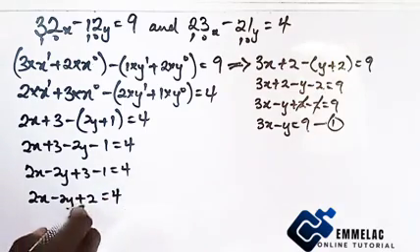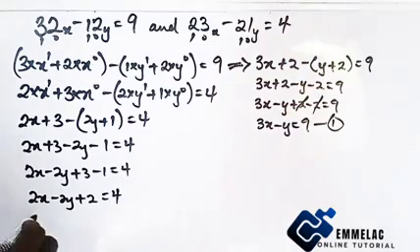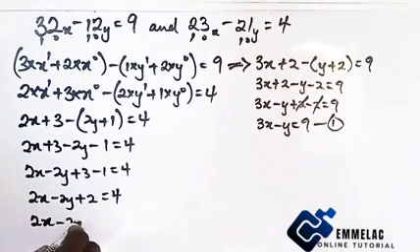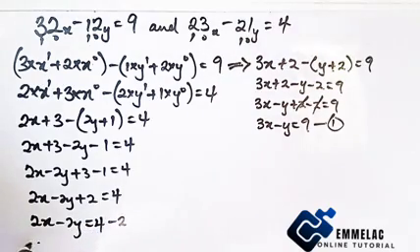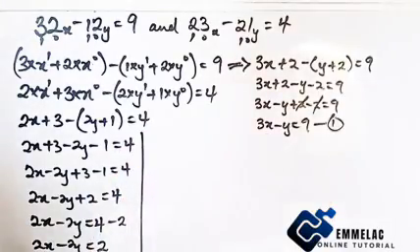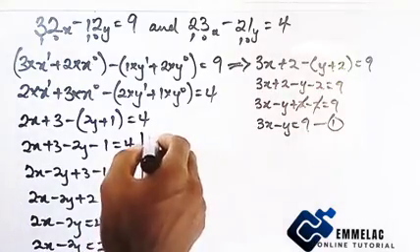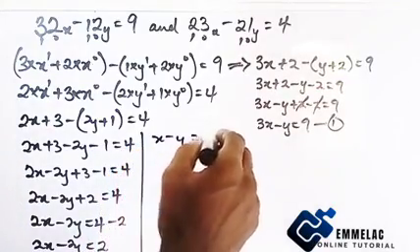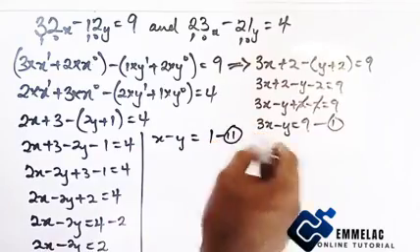Now transposing this, you have 2x minus 2y equals 4 minus 2. Can you see from the board? Yes, 2x minus 2y equals 2. All right, so we can simplify this to give us x minus y equals 1. Now this is our equation 2.